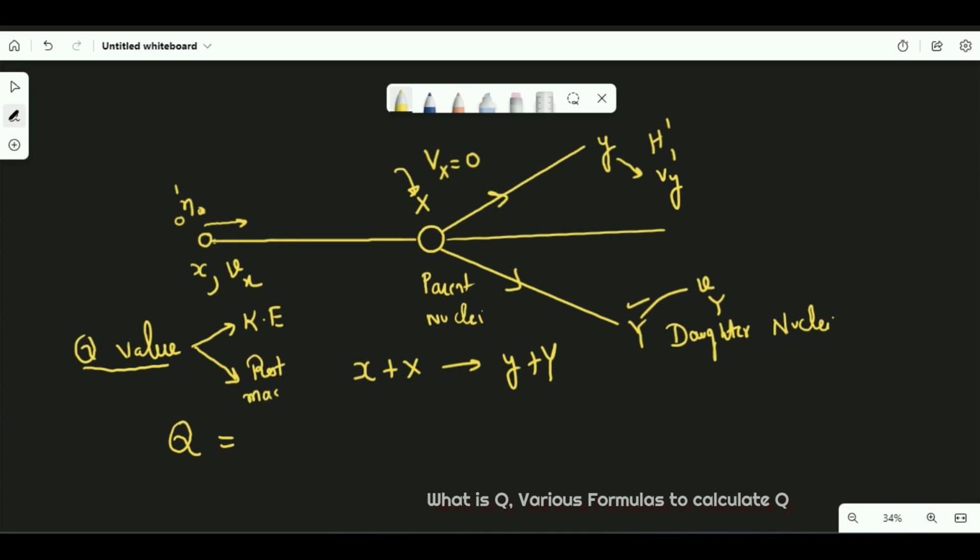These are the two ways you calculate. And I told you about the law of conservation of energy also. Energy will remain conserved, but it will appear in different formats, okay? Now, when the Q value of the reaction is talked about, it is generally the energy which is released during the nuclear reaction or absorbed during the nuclear reaction.